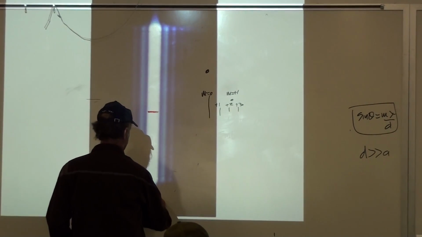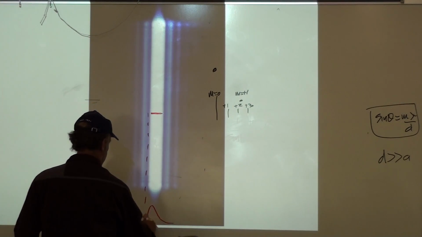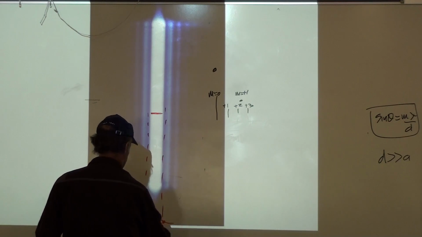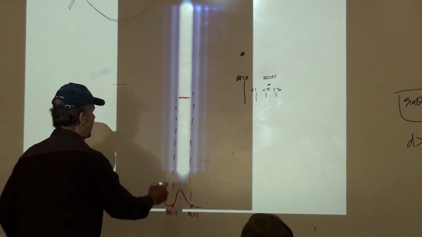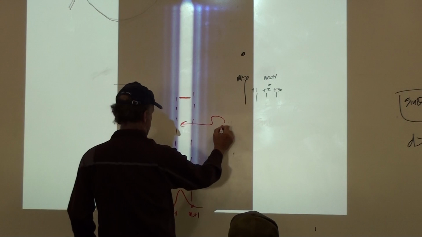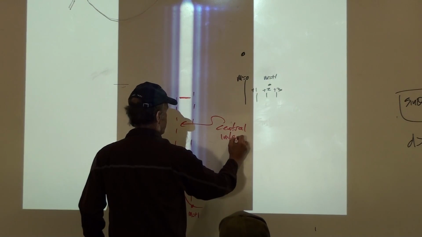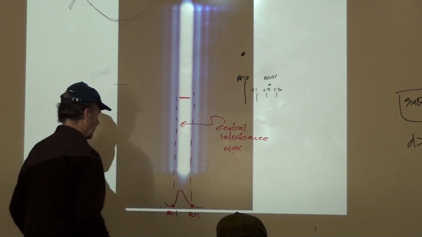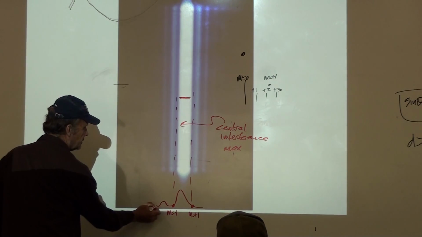So if we plot this up like this, the intensity versus distance is going to be something like this. This would be m equals minus 1 dark spot, m equals plus 1 dark spot. But at 0, we have the central interference maximum. And then it drops off, but with lowering intensities.